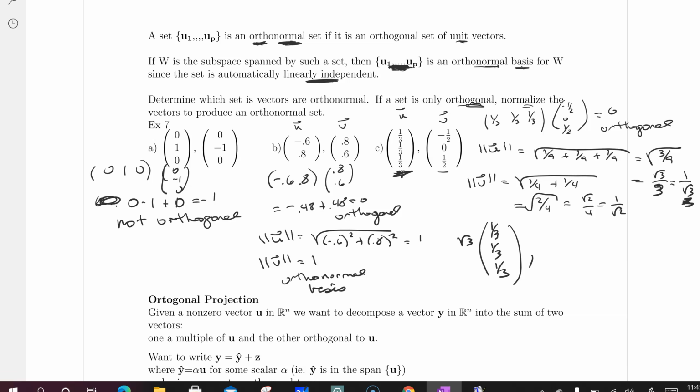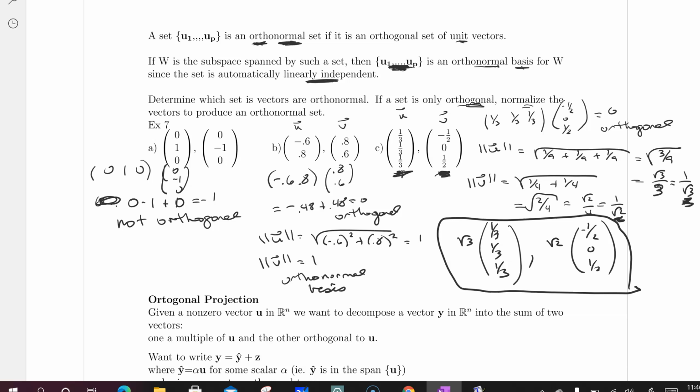Then for the normalized vector from this one, I take 1 over this times this, which gives me root 2 times this vector. So this would be the normalized set.